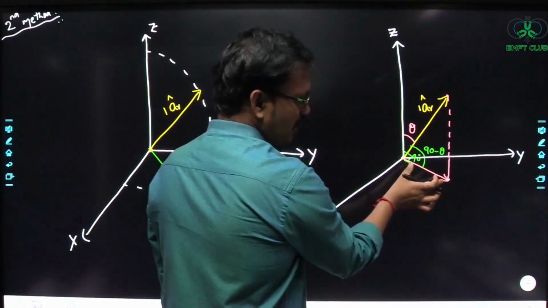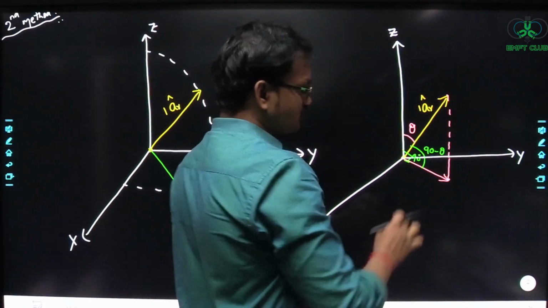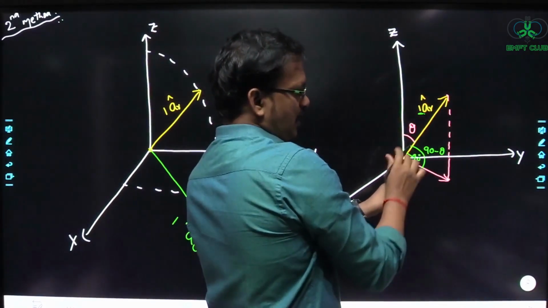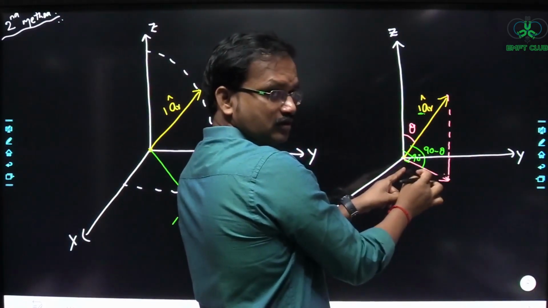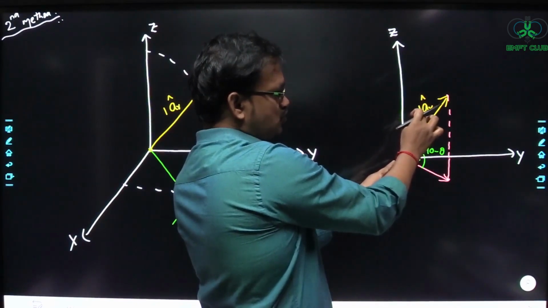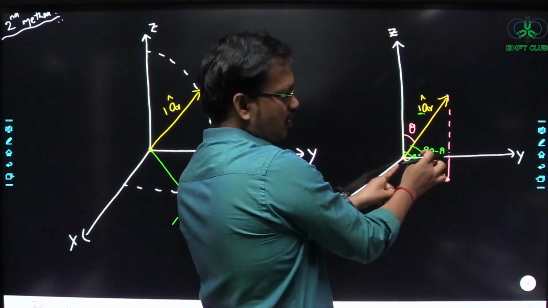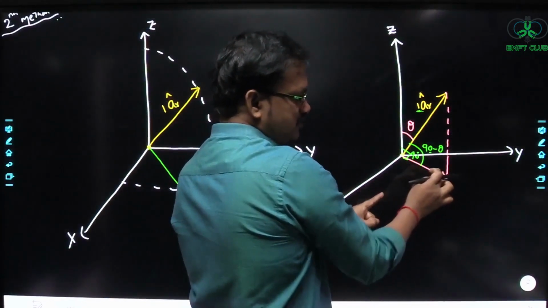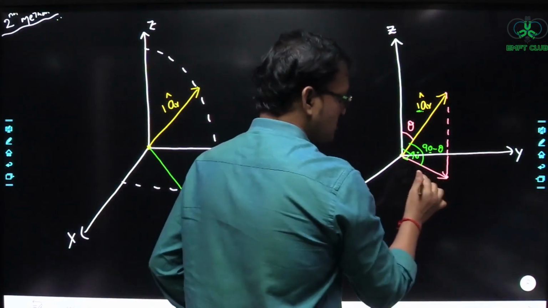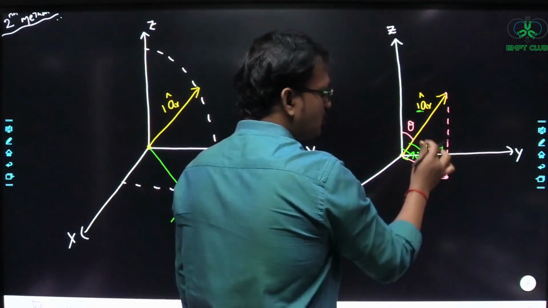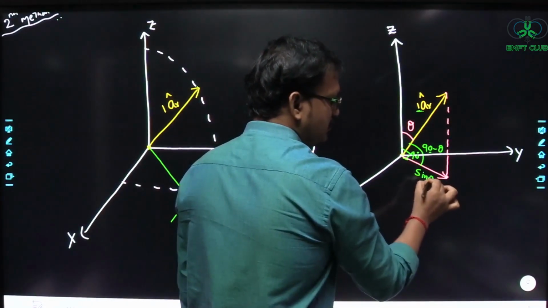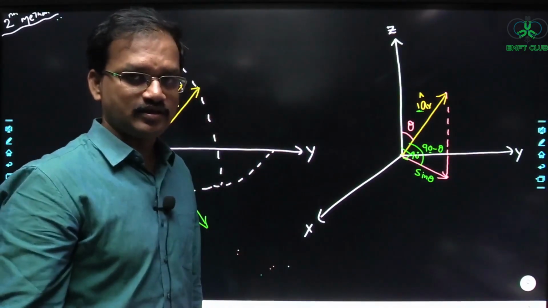Then what is the value of this component? The magnitude of r cap is 1, so 1 into cos of 90 minus theta will give you this component. That is nothing but sin theta.